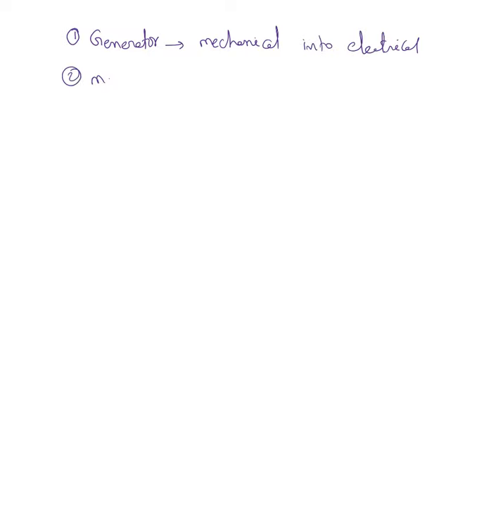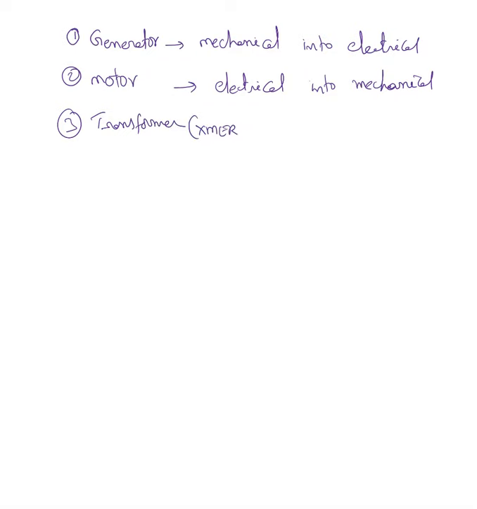Another one is the electrical motor, which converts electrical energy into mechanical energy, whereas a transformer, in a simple way, converts electrical energy into electrical energy. So it is not converting into any other form. It is taking electrical energy and giving you back electrical energy.